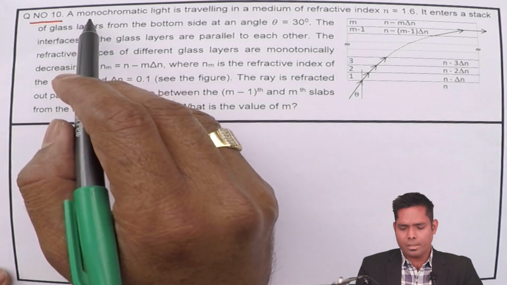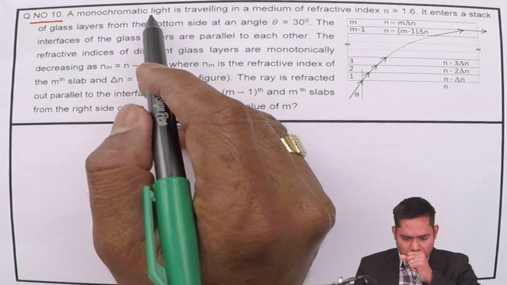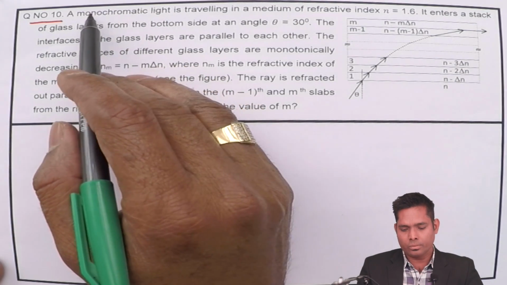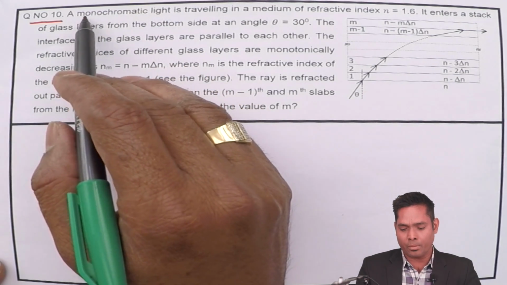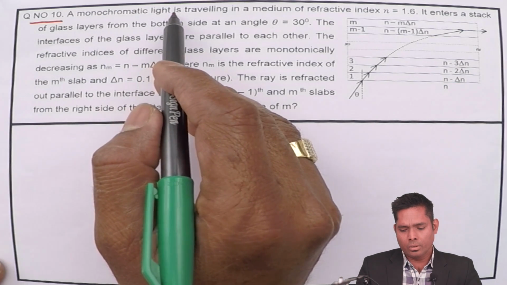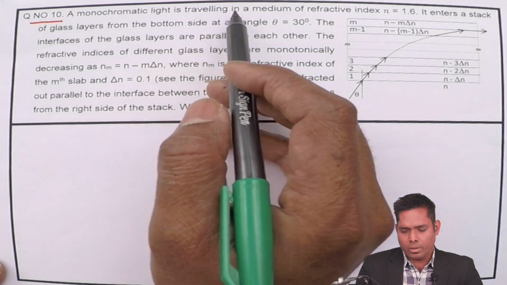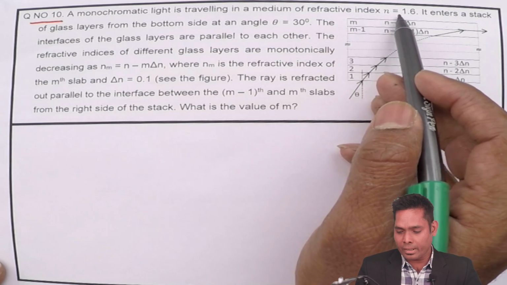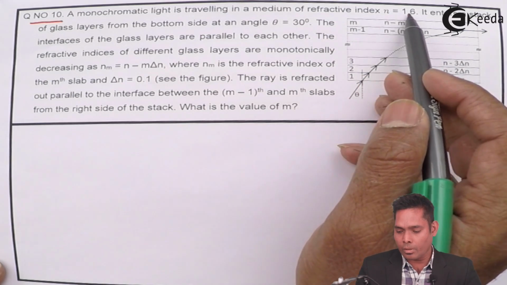The question says a monochromatic light is traveling in a medium of refractive index 1.6.